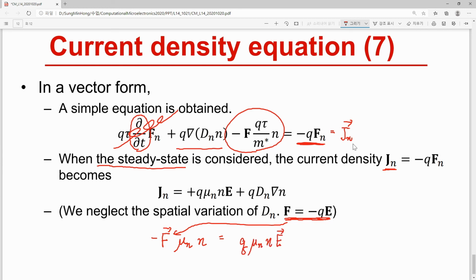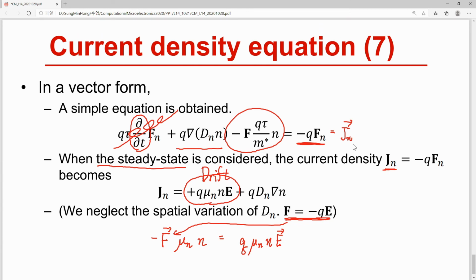So this corresponds to the so-called drift term of our current density. And this second term can also have two quantities, for example, q times dn gradient of n plus q times n gradient of dn.